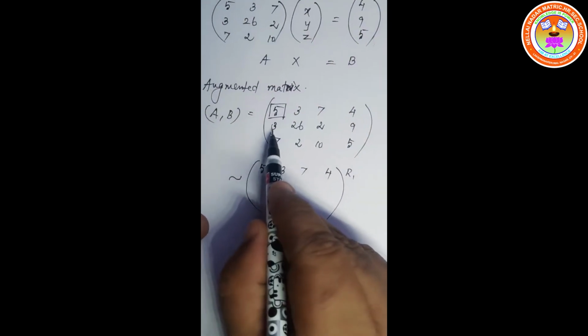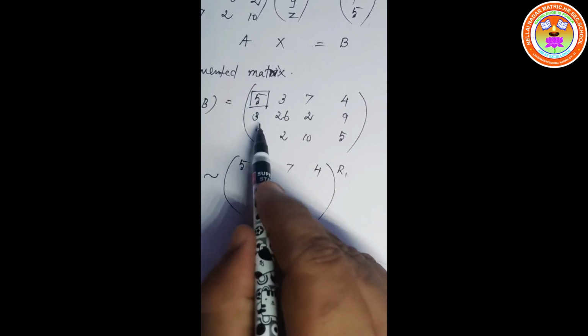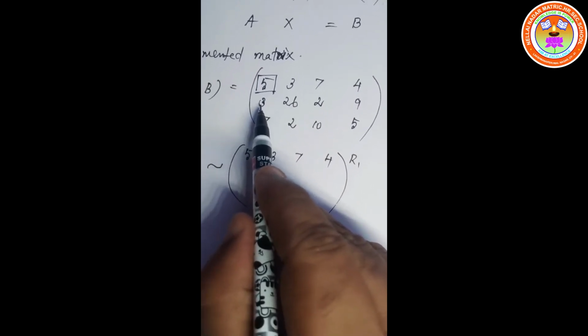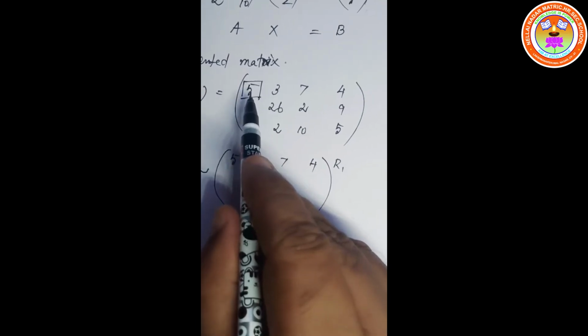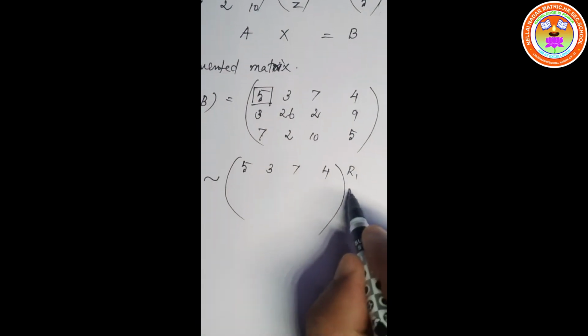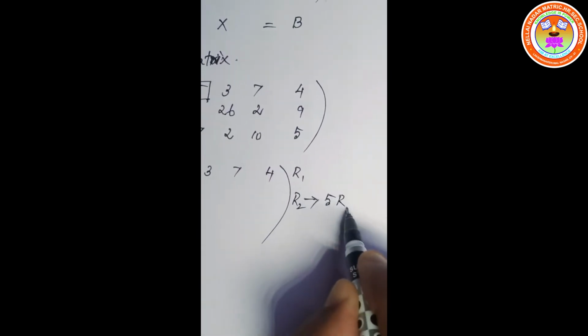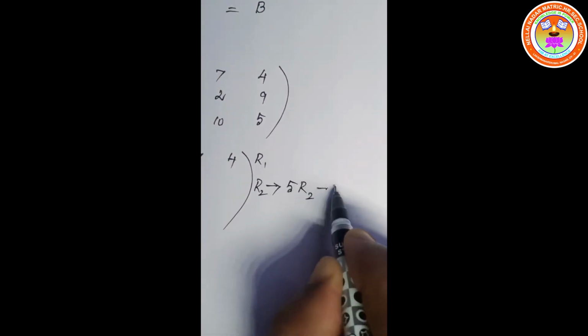Second row we have 3, there 5, right? With the help of that number only it has to be changed to 0. So I am multiplying 3 by 5 and 5 by 3, right? Then only can we get both 15. That means R2 implies 5 times R2 minus 3 times R1.